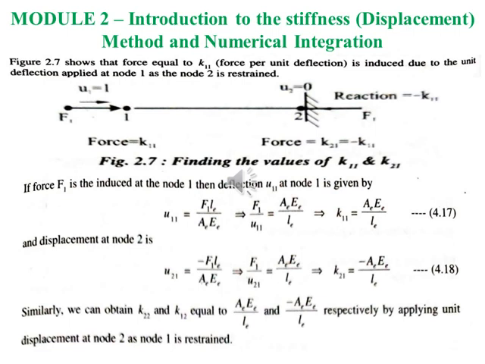So the stiffness matrix can be written as K11, K12, K21, K22. We shall see in the next slide how exactly the stiffness matrix is represented. Let me change over to the next slide.